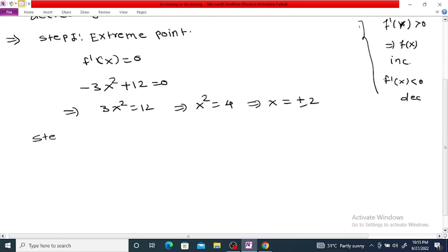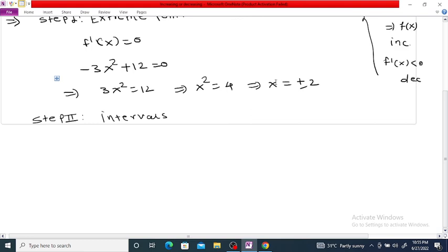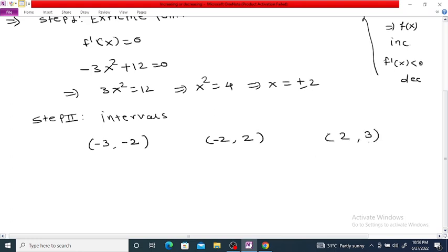Step 2, from this we can find intervals. Since our function belongs to minus 3 to 3, our intervals are minus 3 to minus 2, then minus 2 to plus 2, and then 2 to 3.